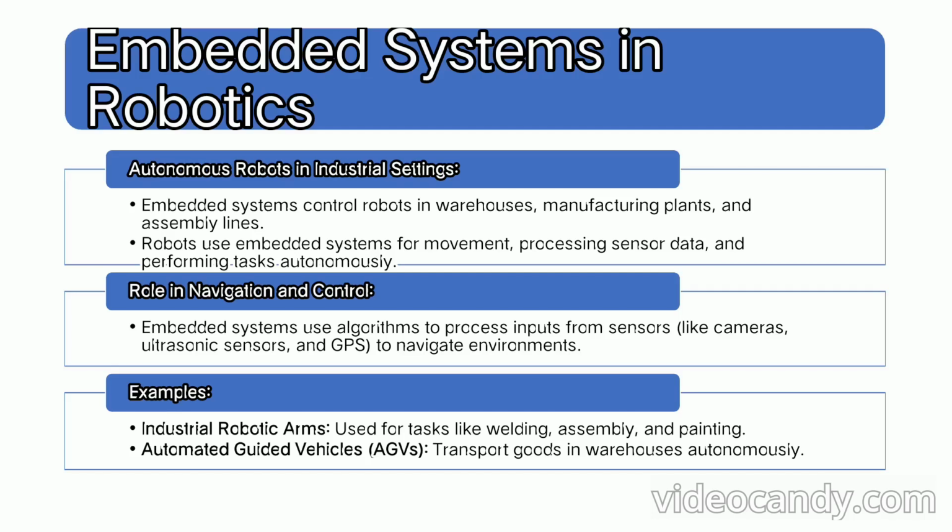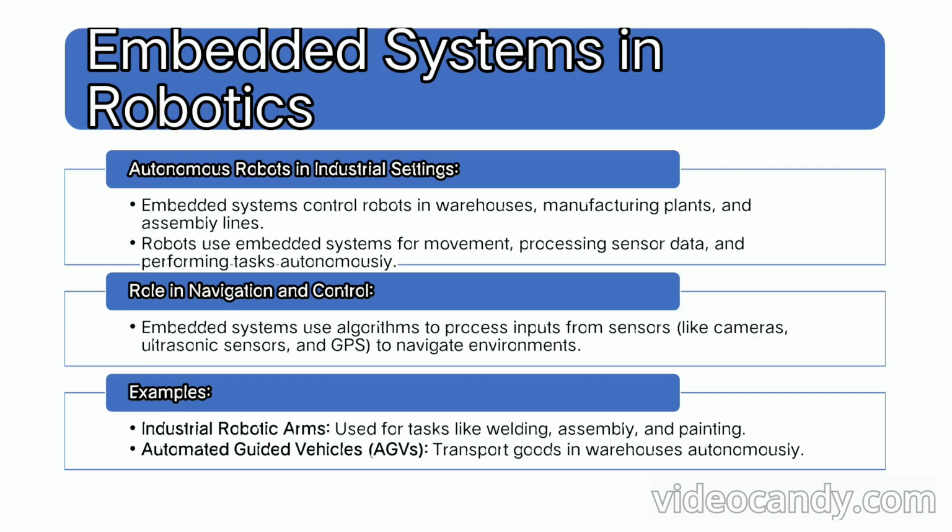Embedded systems in robotics. Automatic robots in industrial settings are used as industrial arms. Industrial robotic arms are used for specific tasks like welding, assembly, and painting.